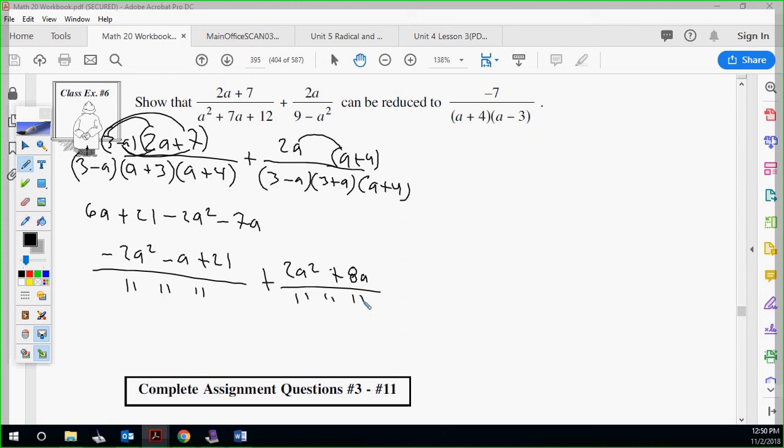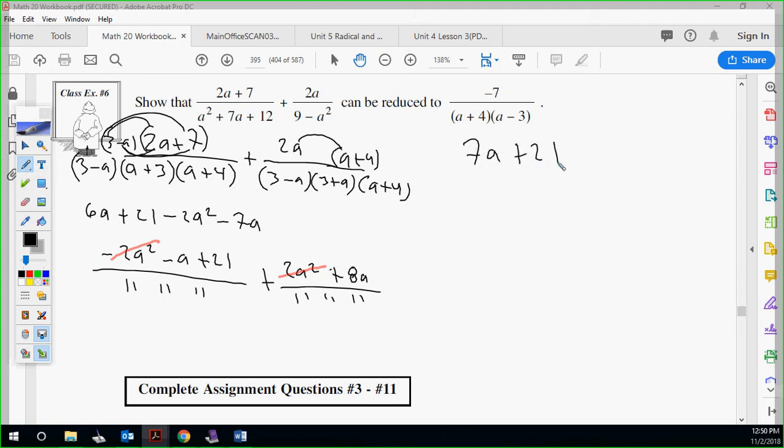Nothing's canceled yet, but these 2a squareds, I have a negative 2a squared plus 2a squared, they'll cancel. So I haven't canceled it yet. So from what Brett said, this right here, go away. So then I have a negative a plus 8 is 7a. I have 21.